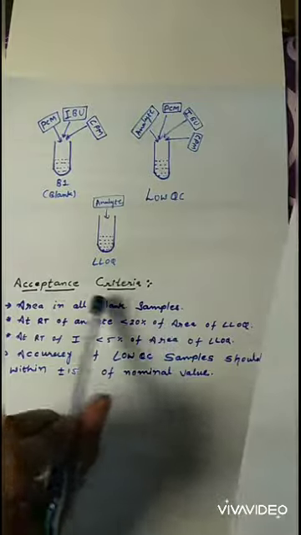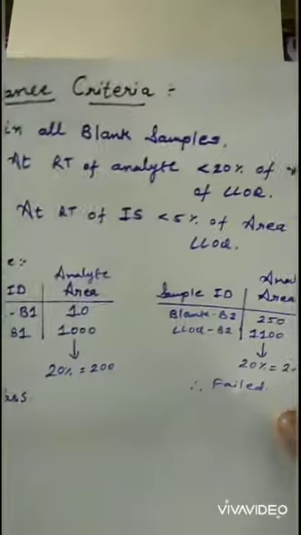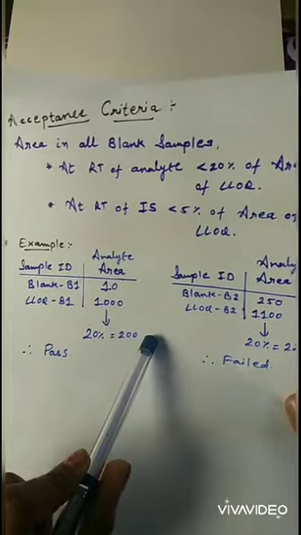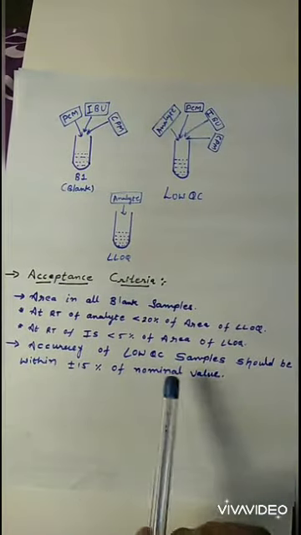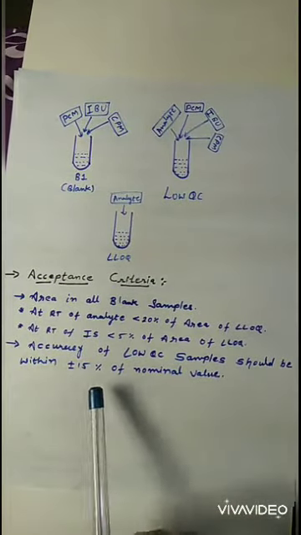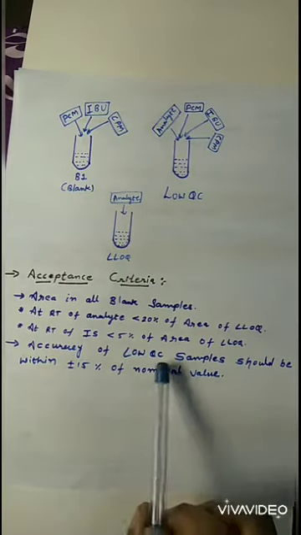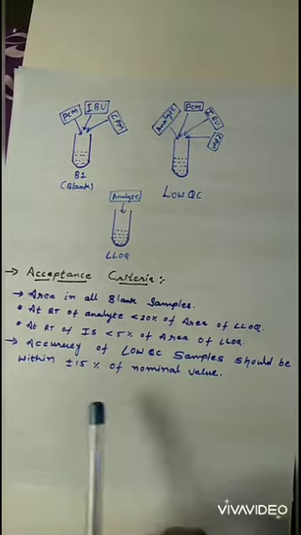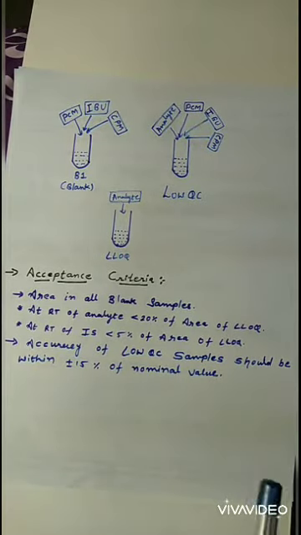Now we can check all these criteria like the example which I explained in selectivity. Here for a low QC sample, for example, if the concentration for low QC is 100 nanogram, then it's within 85 to 115 concentration.